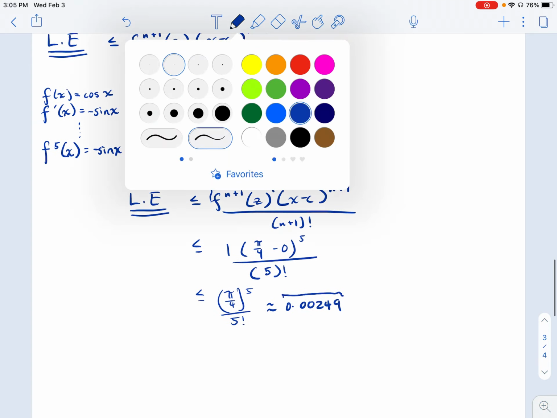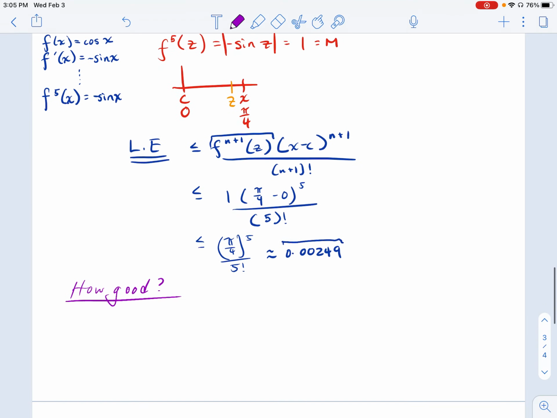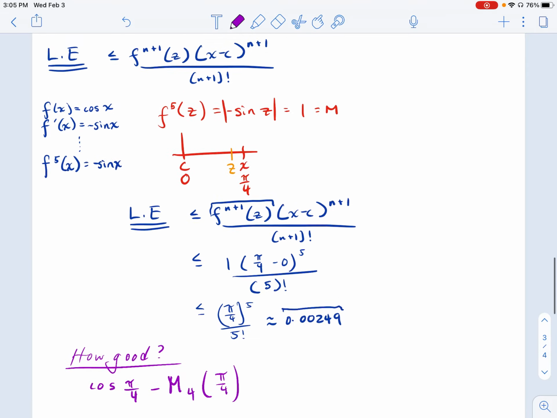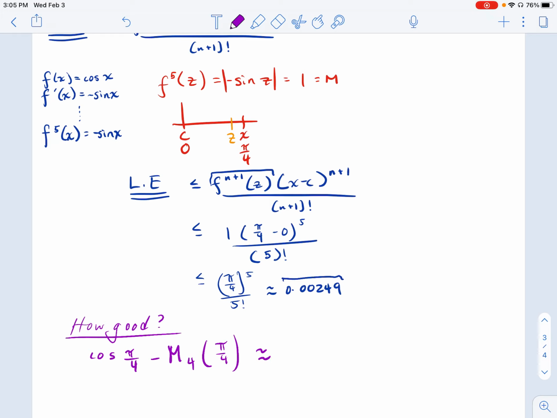Now, let's quickly check how good our approximation was. If we actually take the cosine of pi over 4 and subtract what we found, M sub 4 of pi over 4, basically our approximation here, this 0.70429, we see that our quote-unquote actual error is way smaller than that.